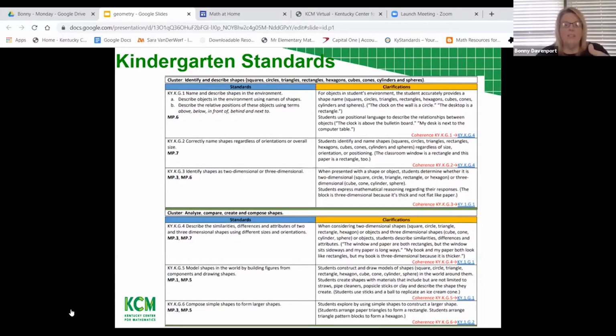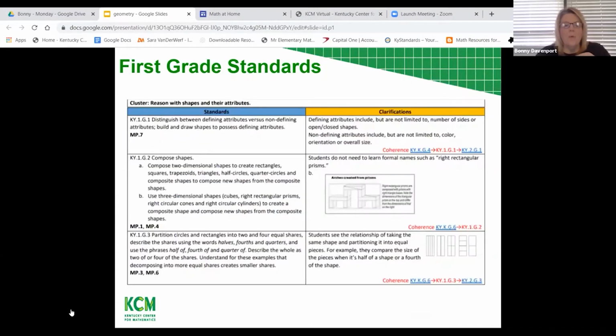And then we move on to first grade, where they're talking about the actual mathematical attributes of the shapes and building and drawing those shapes, composing 2-dimensional shapes and 3-dimensional shapes using a composite of smaller shapes. And then we're going to start to partition circles and rectangles into halves, fours, and quarters.